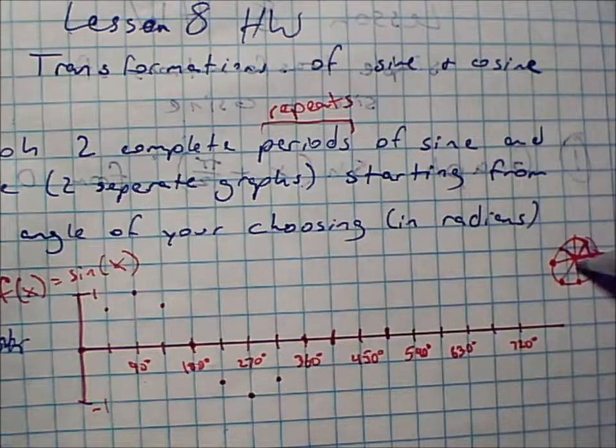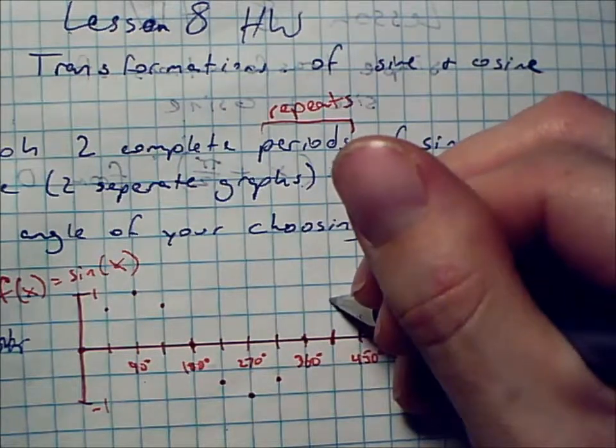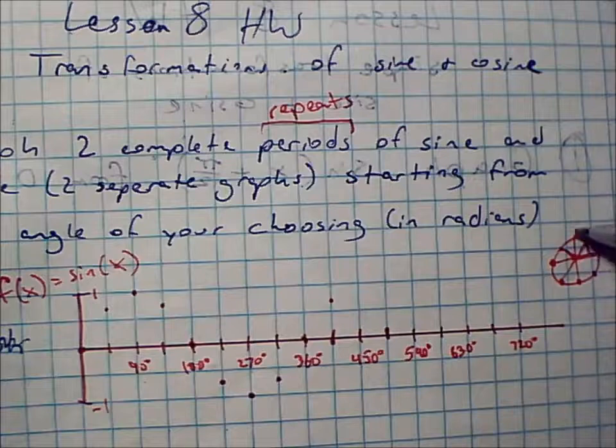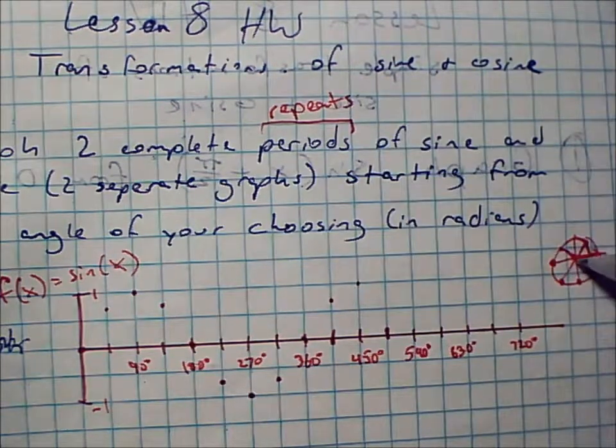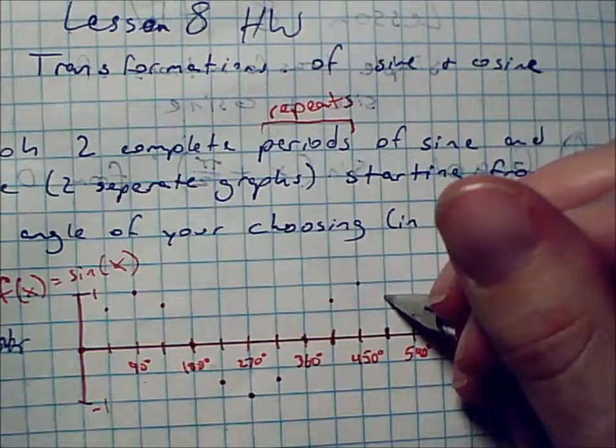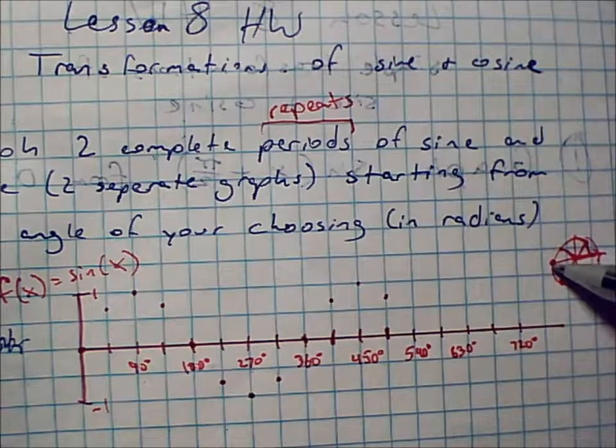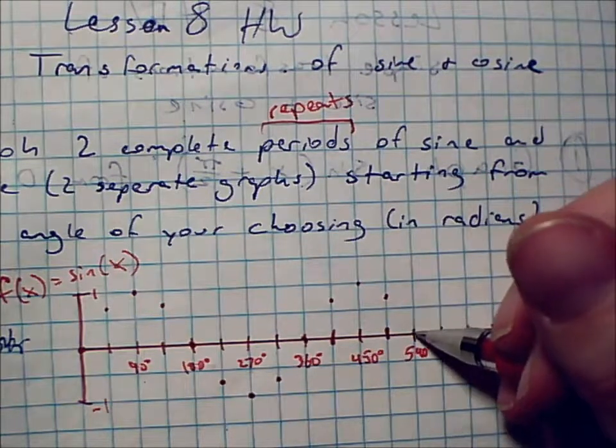At 405, same as 45, sine is square root of 2 over 2. At 450, same as 90, sine is 1. At 495, sine is square root of 2 over 2. At 540, sine is 0.